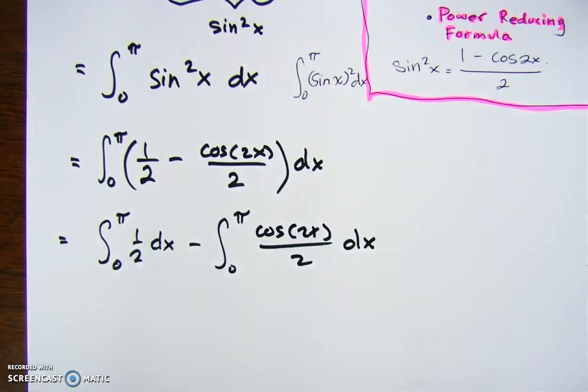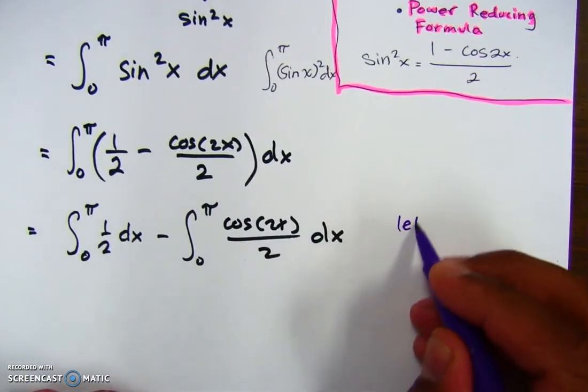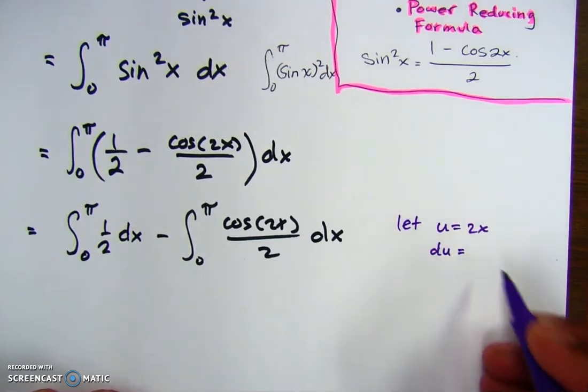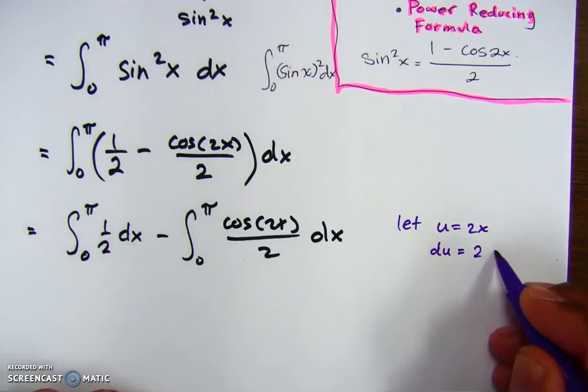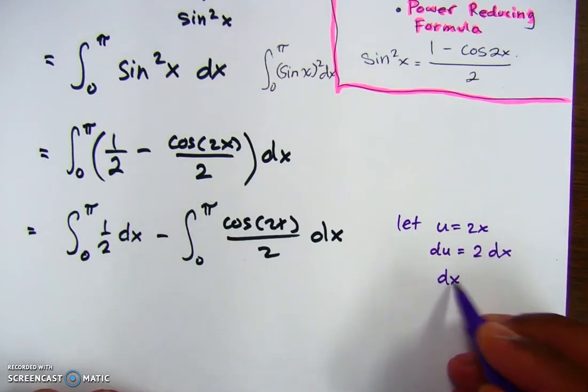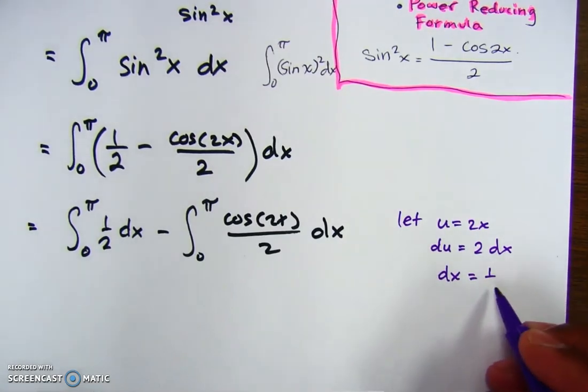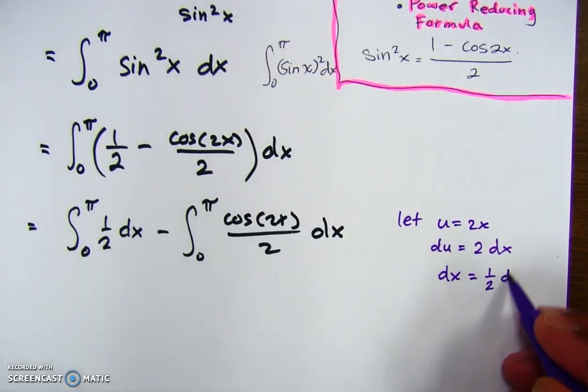Okay, if you let u equal 2x, that means du is equal to 2 dx, or dx is equal to 1/2 du.